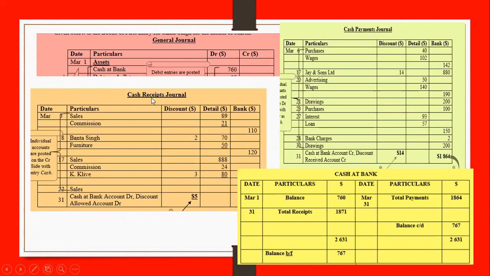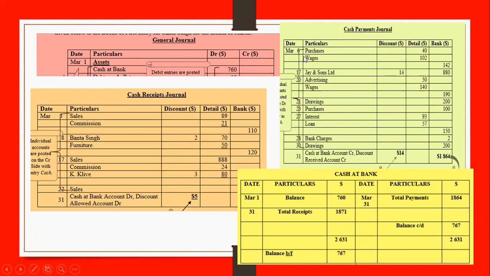So total debit, that is why we're taking it to the debit side. Cash payments journal is also named after cash at bank. So total credit, that is why we're taking it to the credit side.